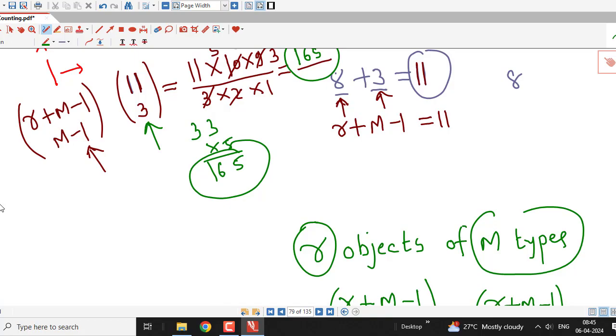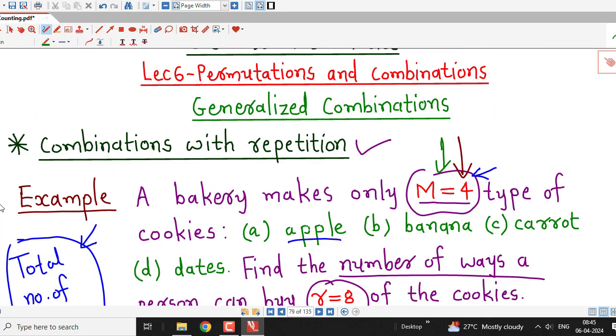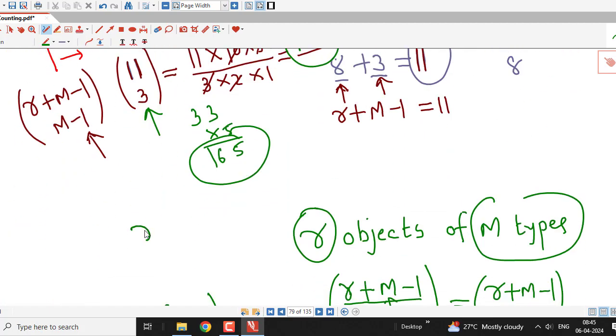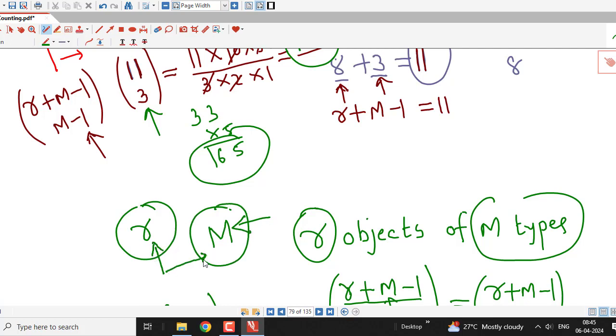capital M types. So whenever you have a problem of combinations with repetitions, you will be given the number of objects you have to select and the type of objects, which we will denote by capital M. So selection of r objects of m types depends on the selection of m minus 1 bars out of total r plus m minus 1 positions.